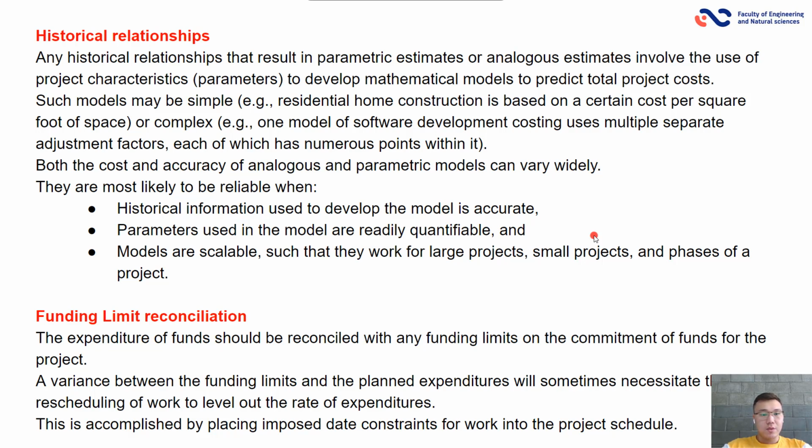Both the cost and accuracy of analogous and parametric models can vary widely. They are most likely to be reliable when historical information used to develop the model is accurate, parameters used in the model are readily quantifiable, and models are scalable.